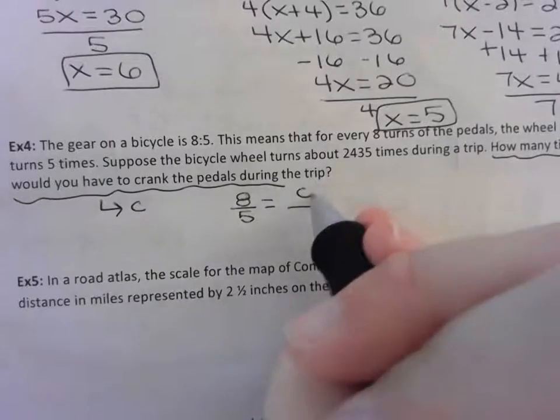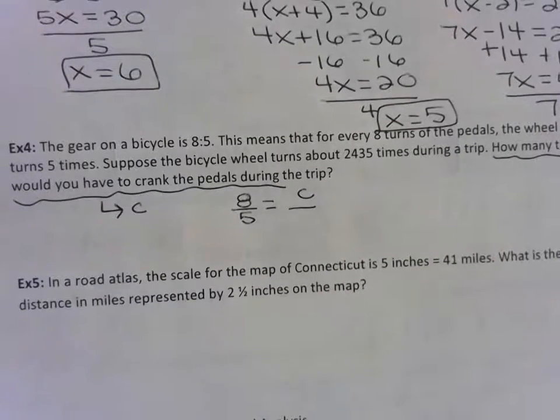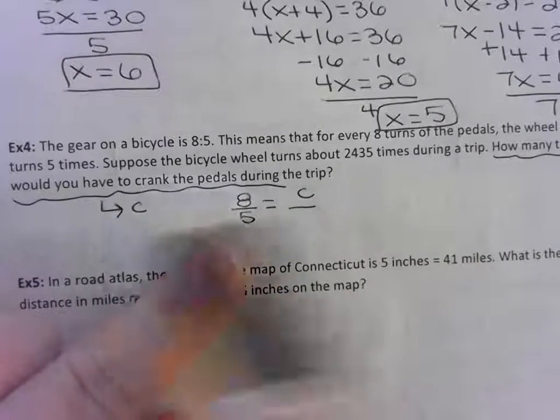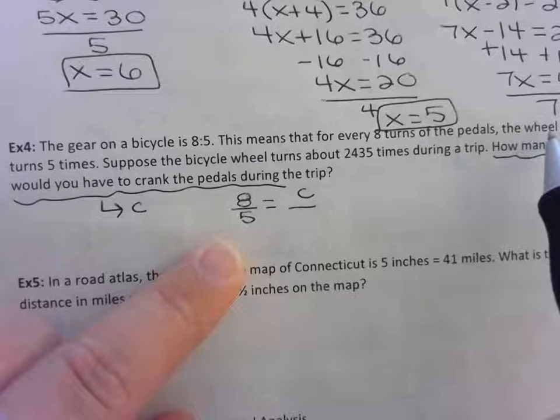C. So C has to go on top. You have to keep it consistent. If the first ratio, 8, was the turns of the pedal, then C, which represents how many times to crank the pedals, has to go on top as well. On the bottom, 5 represents how many times the wheel turns.